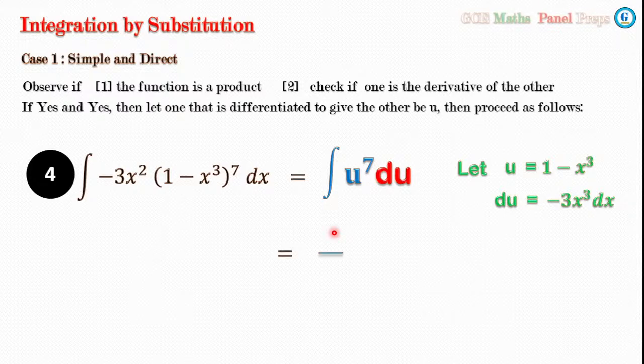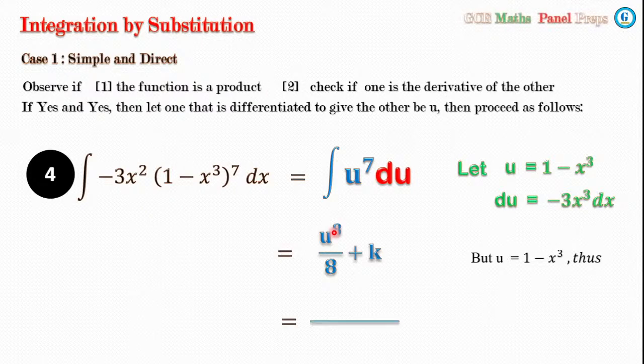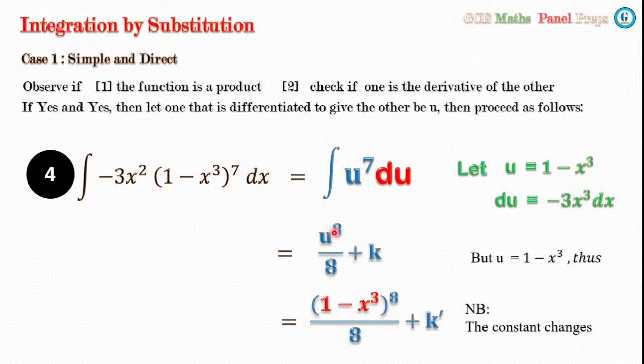So integrating this now gives us u to the power 8 on 8 plus a constant of integration, after which replacing the values we are left with (1 minus x to the power 3) all raised to the power 8, all that on 8 plus k prime.